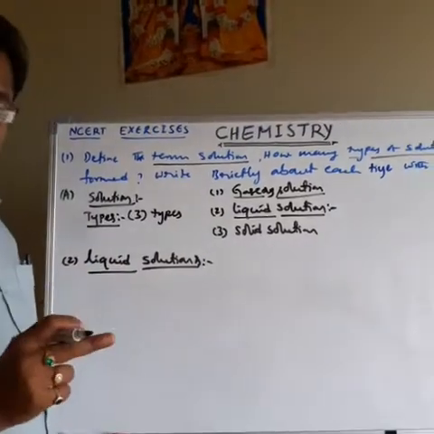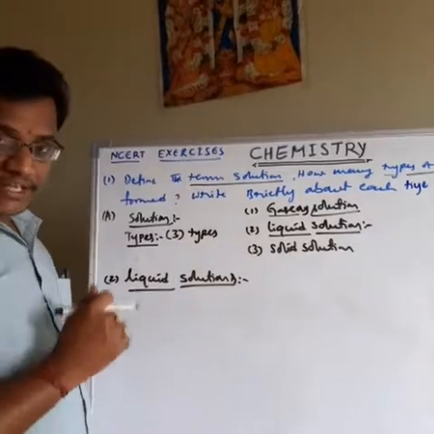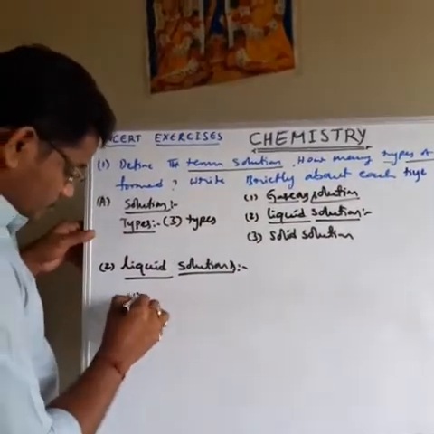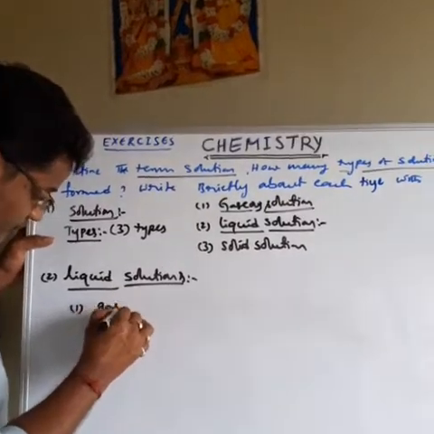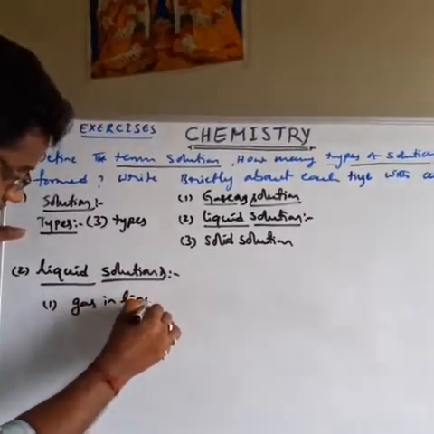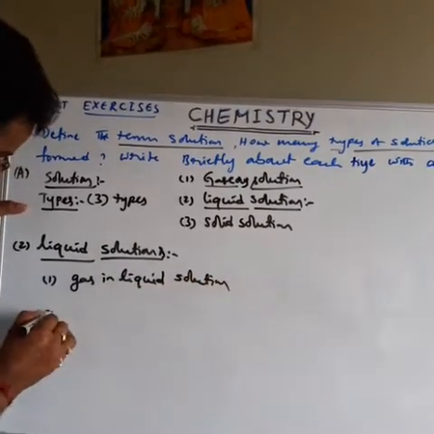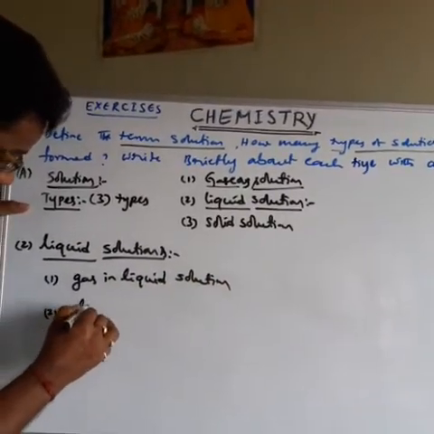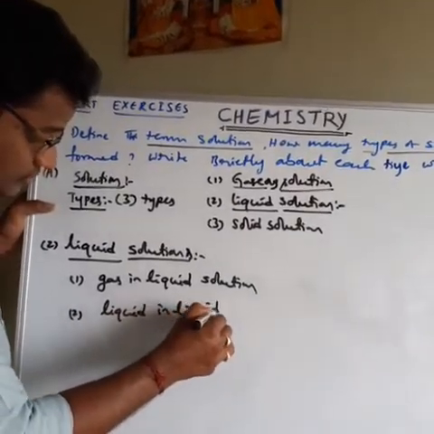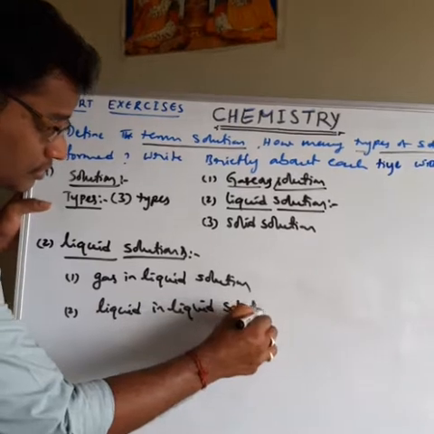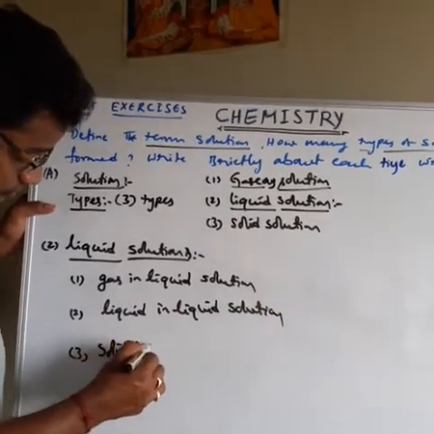Based on the physical state of the solute, liquid solutions are again classified into three types. Type 1 is gas in liquid solution, type 2 is liquid in liquid solution, and type 3 is solid in liquid solution.